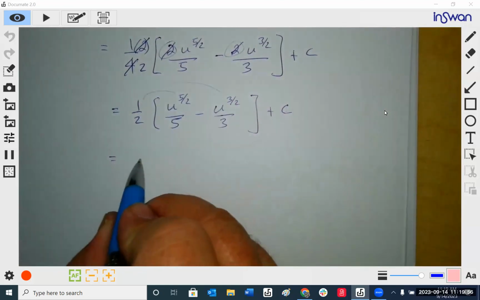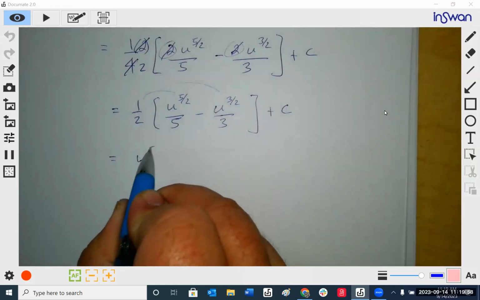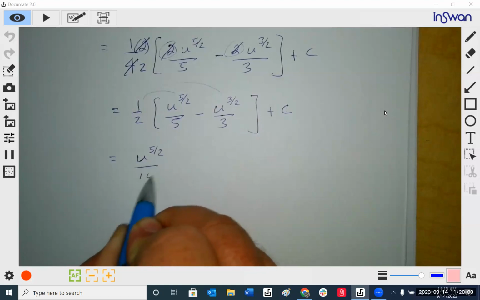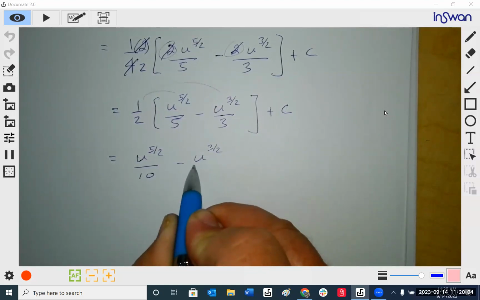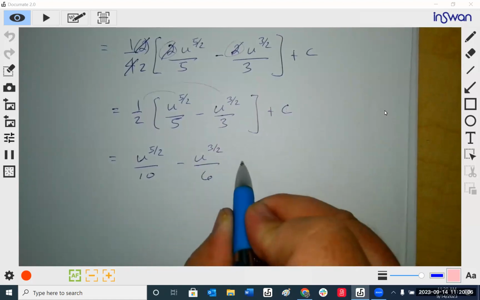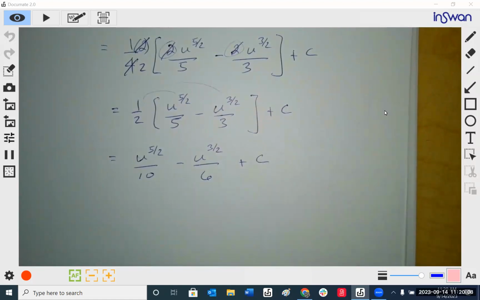Distribute: u to the 5/2 over 10 minus u to the 3/2 over 6 plus c.